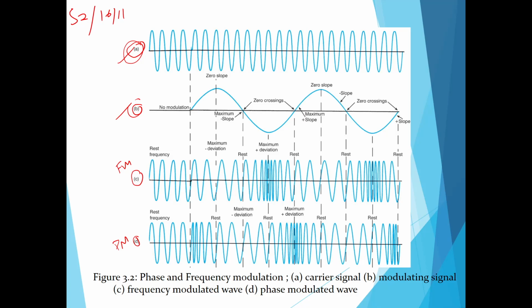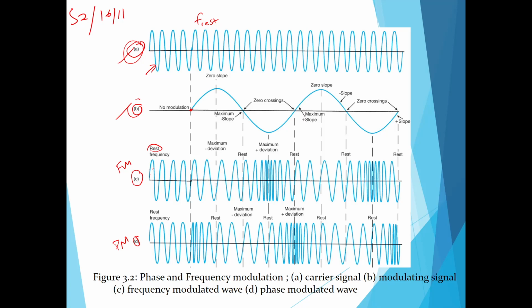For FM, the critical change happens when the modulating signal achieves the maximum amplitude, either maximum positive or maximum negative. Initially, from 0, the carrier frequency is at rest frequency, the same as the original frequency.